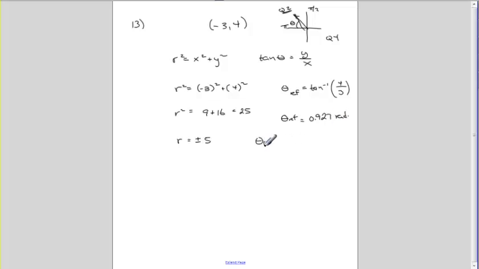And if you remember back from pre-calculus, what we would do is convert that to some percentage of pi. You divide by pi and you multiply by pi, which is like multiplying by 1. So we get 0.927 divided by pi, so we get 0.295 pi.